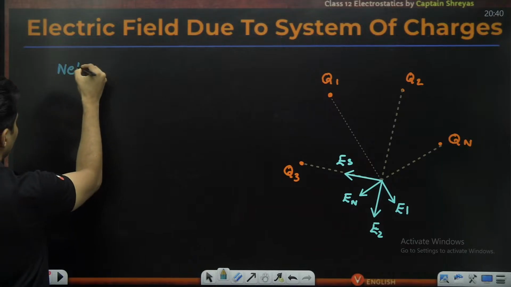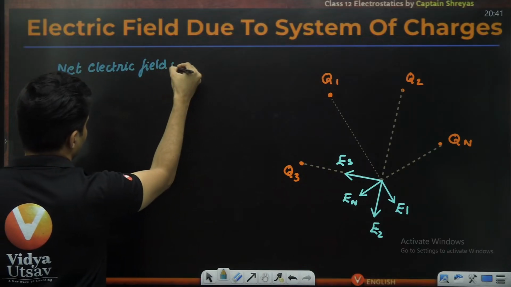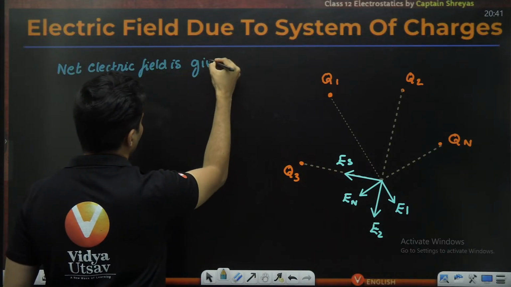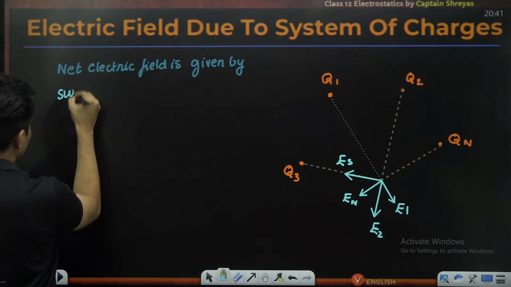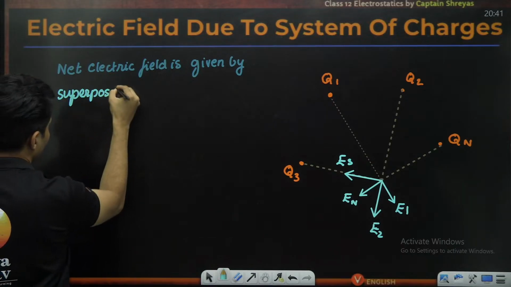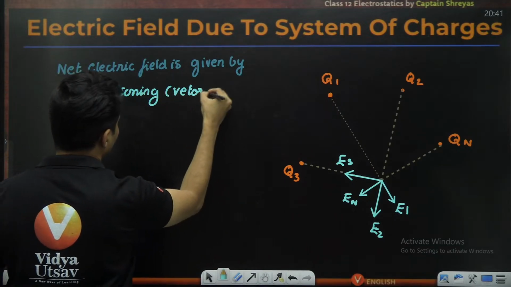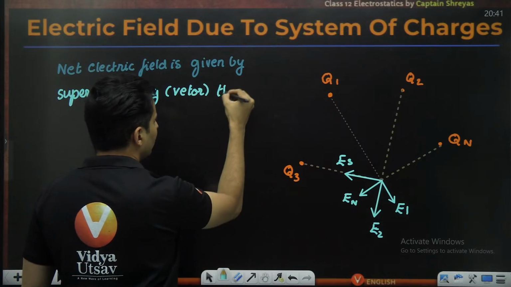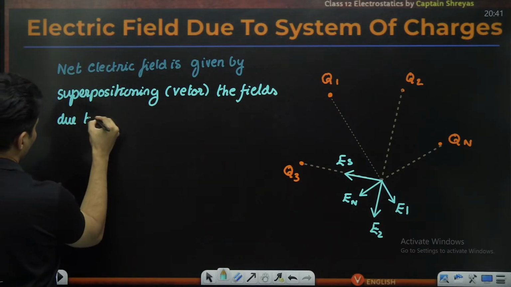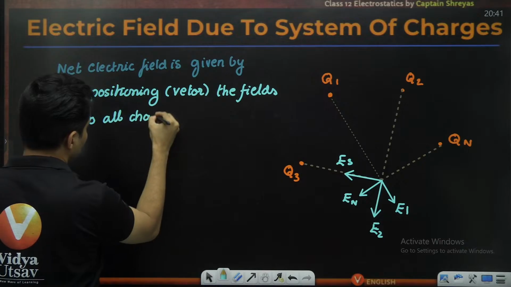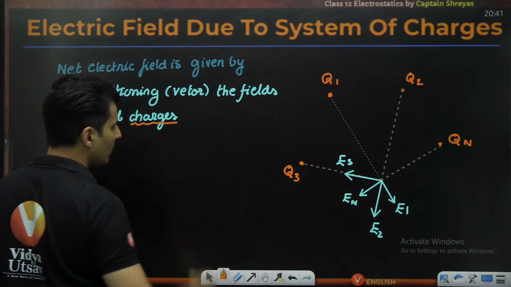So the net electric field is given by superpositioning vectorially the fields due to all the charges, Q1, Q2, Q3, like that.